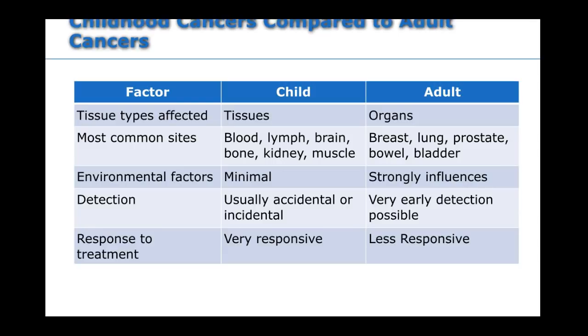Environmental factors in kids really are minimal in increasing the risk, but strongly influential in the adult. Children's cancers are very responsive to treatment. Gosh, there are so many now that you can actually just cure. But adults are less responsive.